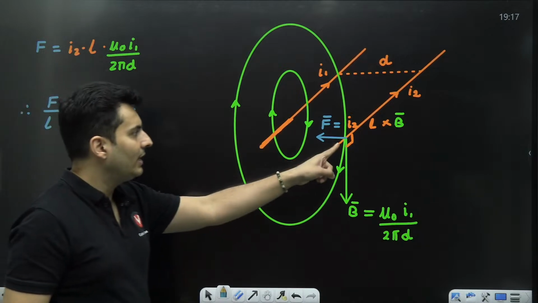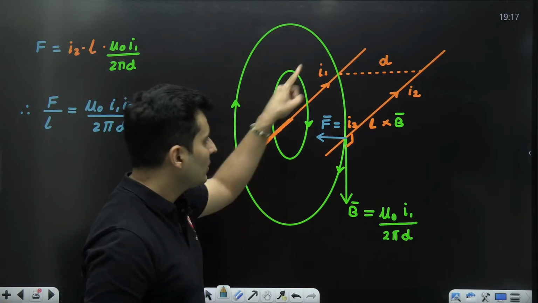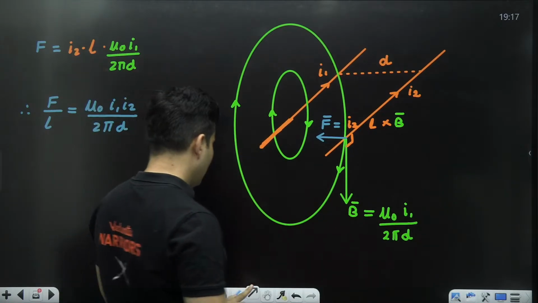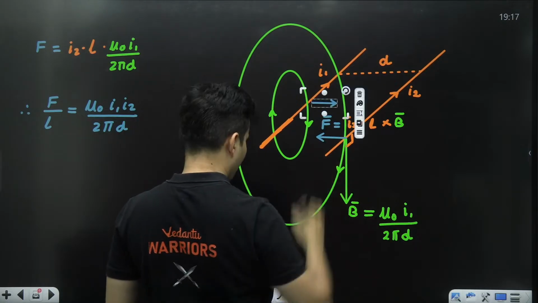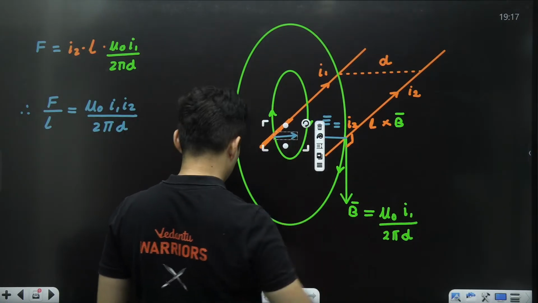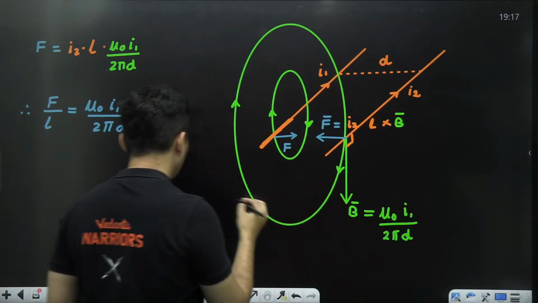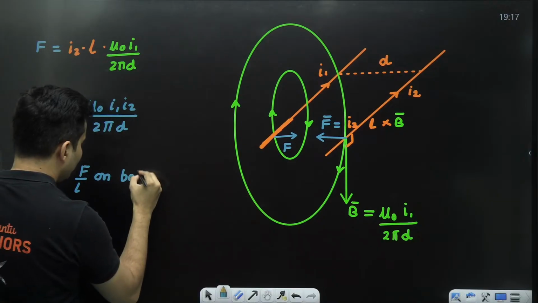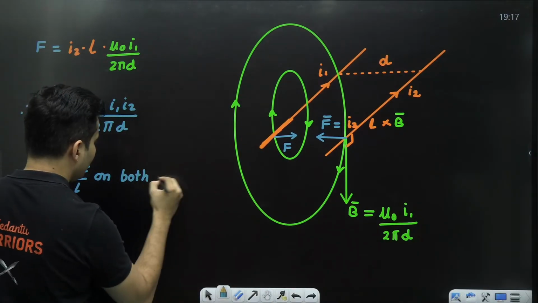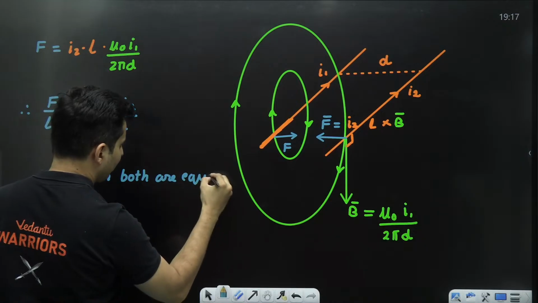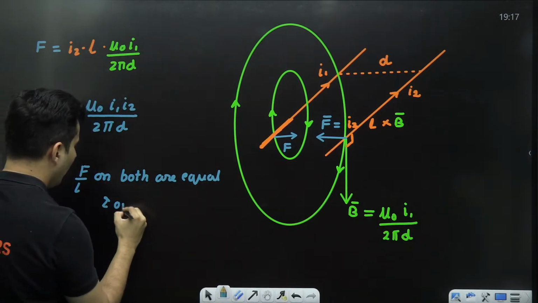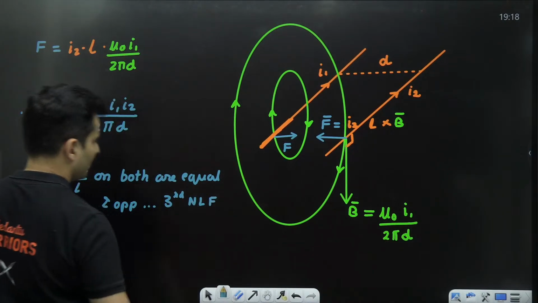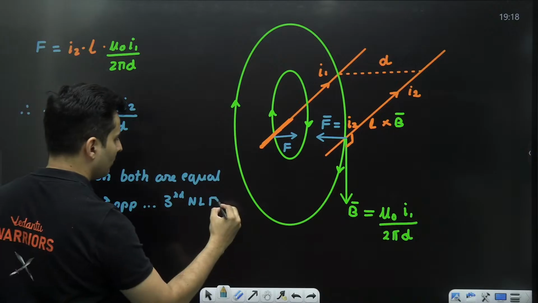If you do the same analysis for the second wire, which is also producing a magnetic field, and then you find the force on the first wire, it will be exactly in this direction. Obviously, these two forces will be equal. The force per unit length on both wires is equal and opposite. This is using Newton's third law of motion.